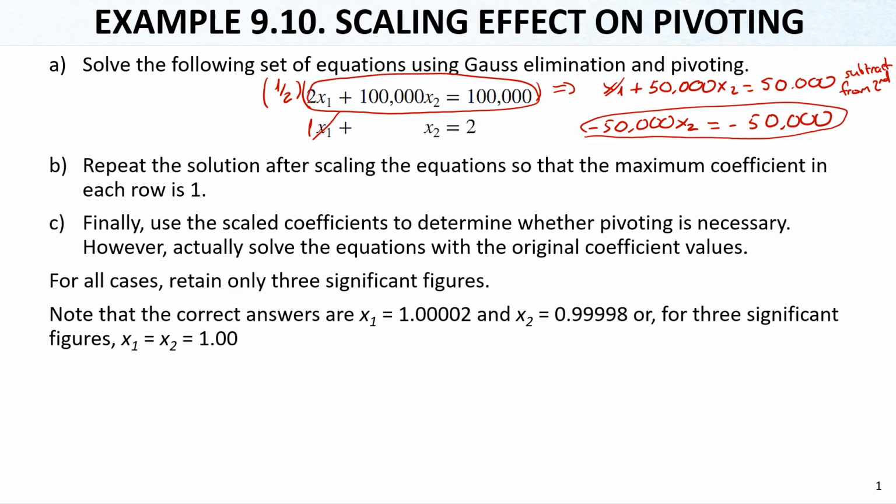Here actually we can simply find x2 as 1.00, and if we put this into here, then x1, from the first equation, is 0.00.